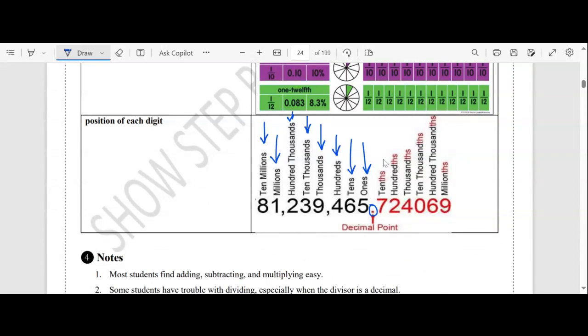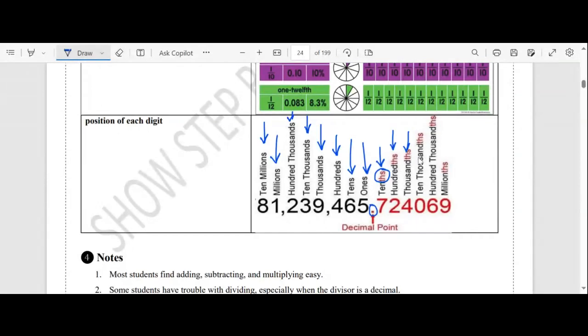we start with tenth, and you have to say tenth. T-H-S, tenth. Everybody say tenth. Take your tongue out. Tenth. Hundredth.